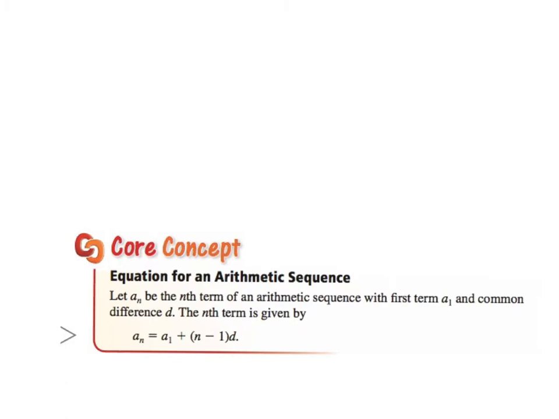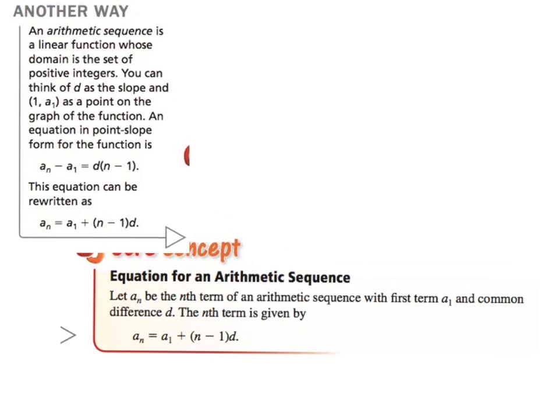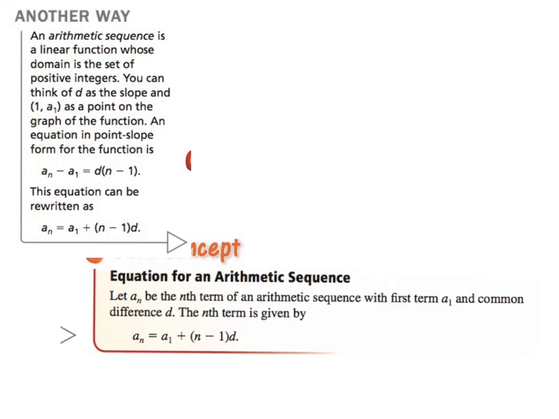This is interesting. This is where we get this from. And here it is. An arithmetic sequence is a linear function whose domain is the set of positive integers. You can think of d as the slope, and a sub 1 as the point on the graph of the function.